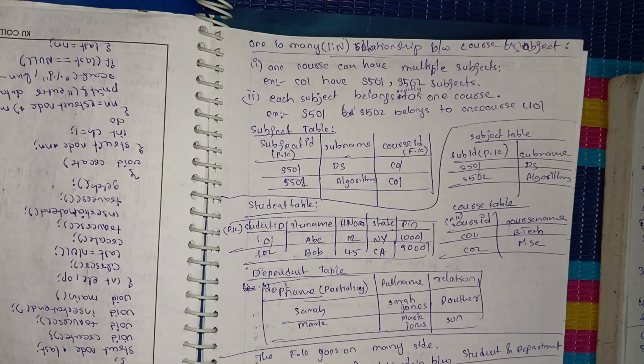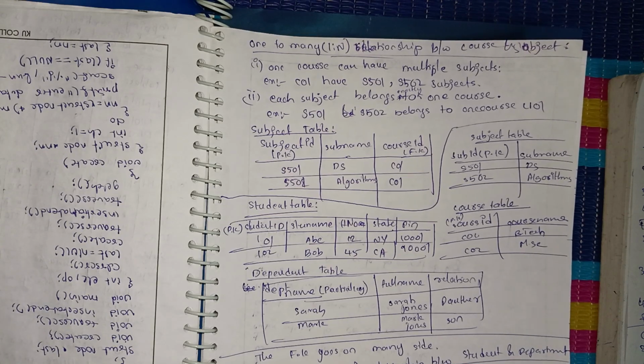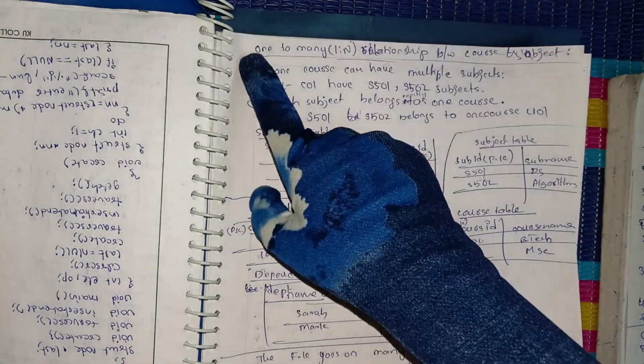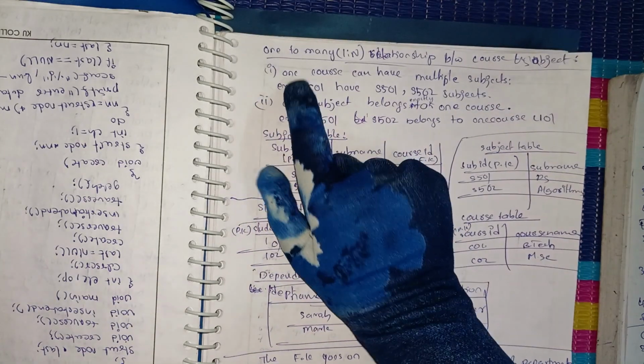So how do we decide the one side table and the many side table? By generating a statement according to the cardinality.